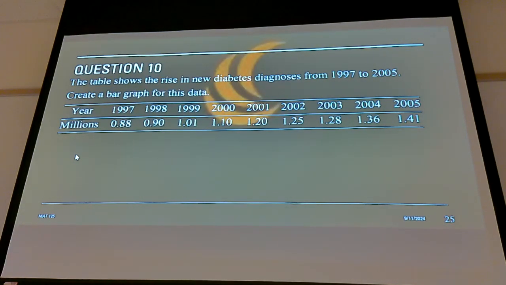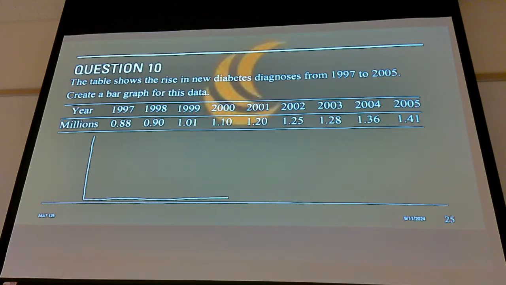Your vertical would be millions of diagnoses. It's too much to write down, so I'm just going to write down millions. And your horizontal would be the year. It's your category.